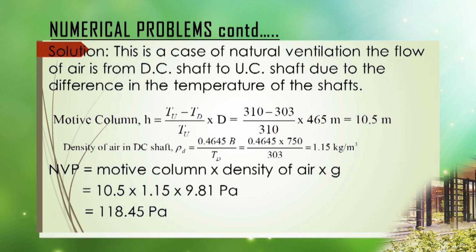Now, the density of air in the downcast shaft is given by another formula, 0.4645 B / Td, and the calculated value is 1.15 kg per meter cube. NVP, natural ventilation pressure, is motive column times density of air times g, and with this formula we can calculate the natural ventilation pressure as 118.45 Pascal.